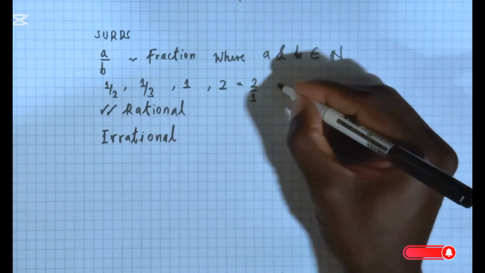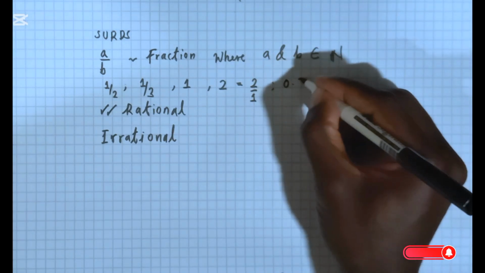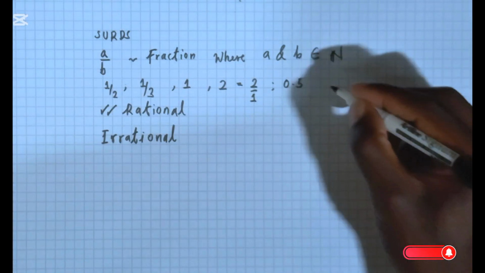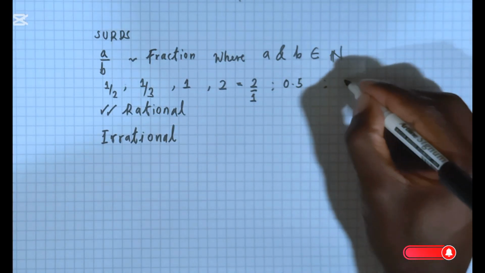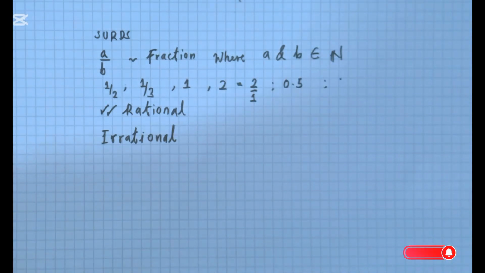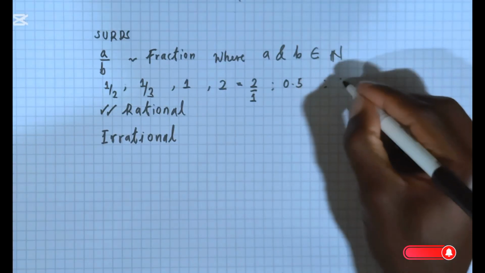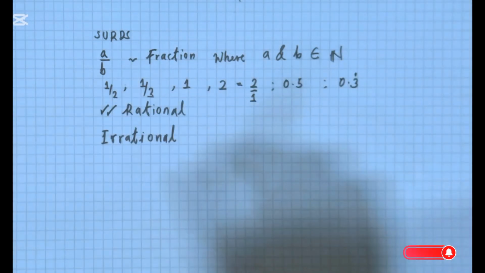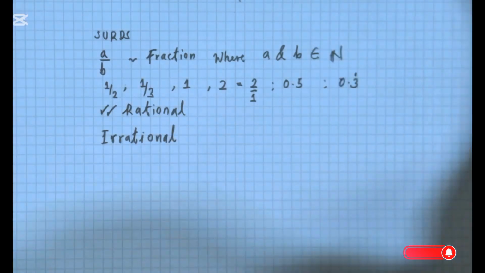These numbers may include even 0.5. 0.5 is a number that can be written in terms of a over b. Another is 0.3 recurring.